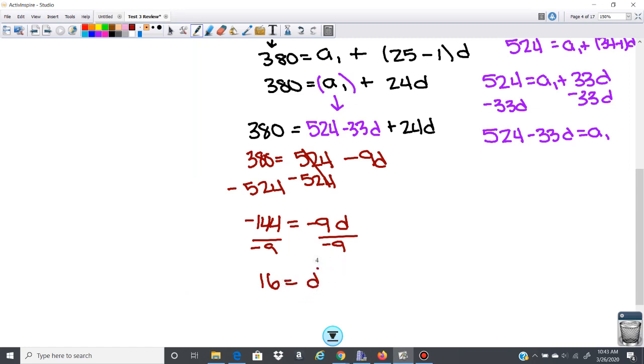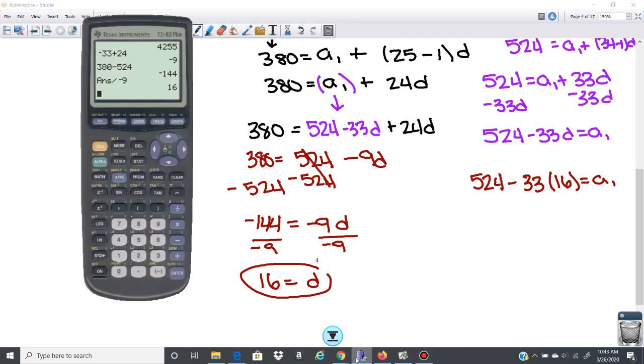That's the first thing that we needed. The second thing we need is a sub 1. We'll come back over here. a sub 1 is 524 minus 33d, so 524 minus 33 times 16 equals a sub 1. 33 times 16 is 528.